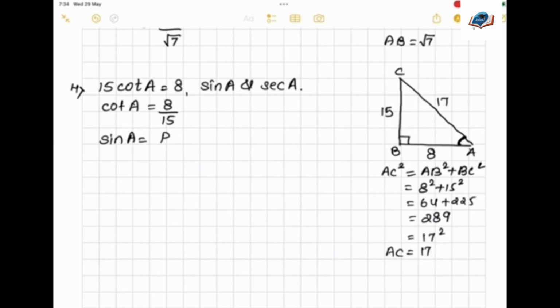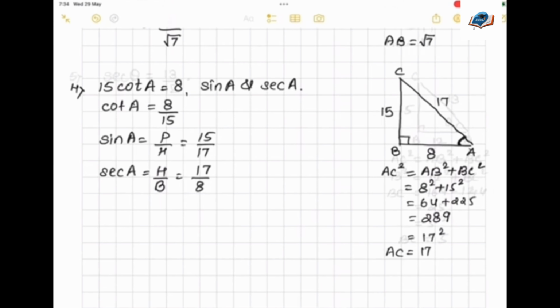So that is 15 upon 17. And sec A is hypotenuse, the opposite of cos, so hypotenuse upon base. That will be 17 upon 8.